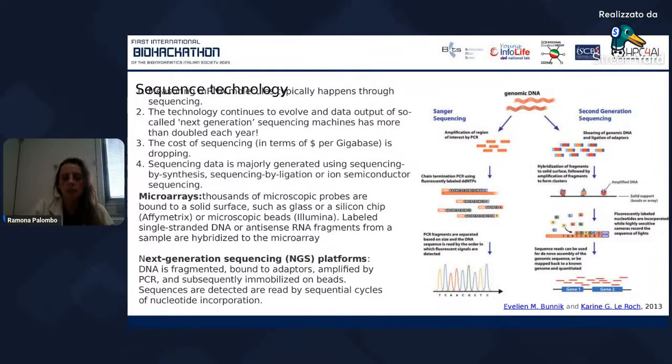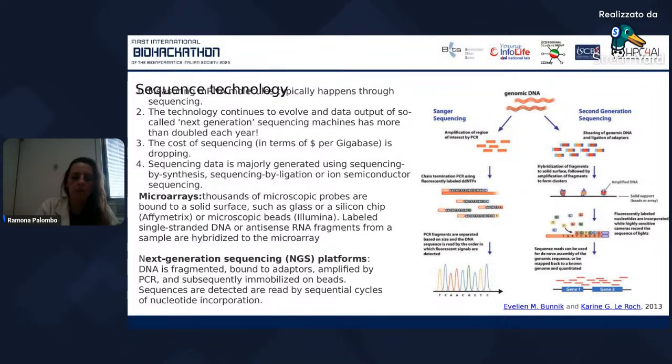Then a mixture of RNA extracted from our samples is left to hybridize with the probes. When we can read fluorescence in one specific spot, we can say that there is hybridization, and so we can detect the presence of a specific transcript.